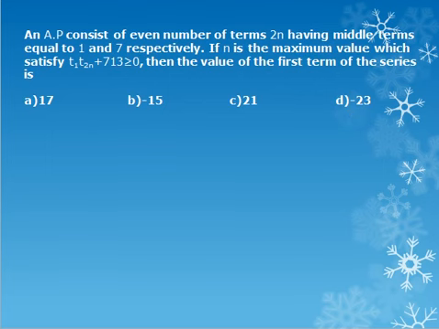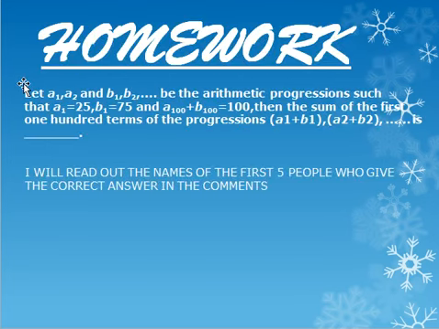Okay, now this is your homework question. I'm going to read it out for you. Let a1, a2, and so on, and b1, b2, and so on be arithmetic progressions such that the first term of the a series is 25 and the first term of the b series is 75, and a100 plus b100 equals 100. The 100th term in the a series plus the 100th term in the b series is 100.